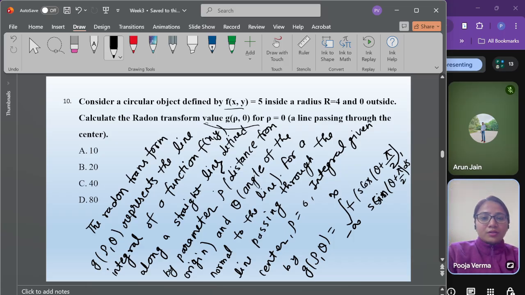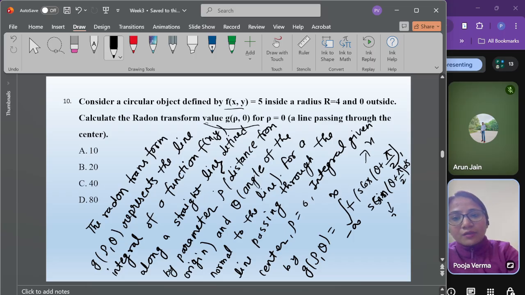This is the overall integral of the Radon transform. Here the overall function is represented by x and y.